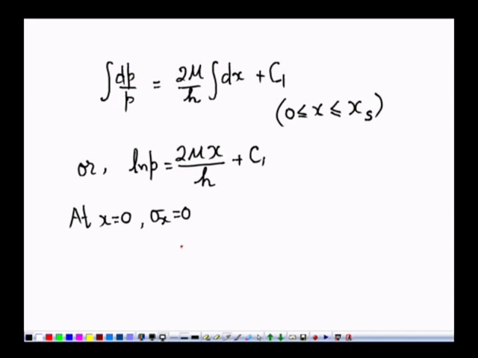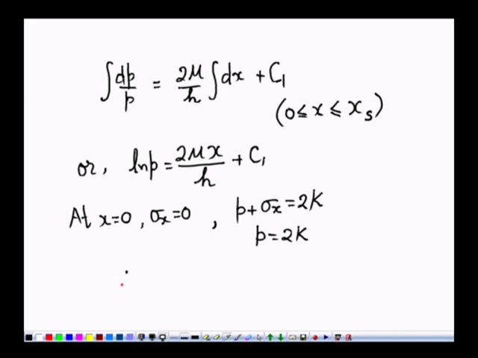So in that case, we can say that P plus sigma x is equal to 2k, so P is equal to 2k.